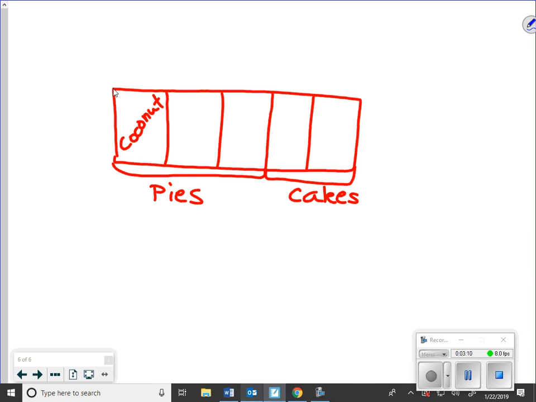So how can I take 2 units and make it to where I've got 6? I need to split them into thirds. So I've got to do this one into thirds and this one into thirds.